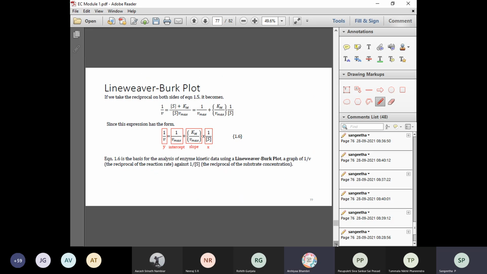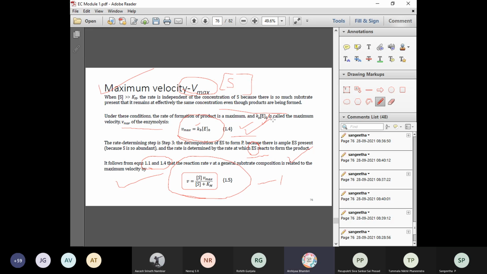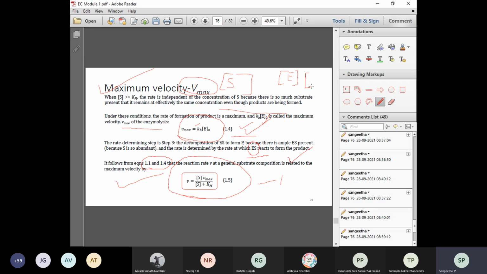Student: Ma'am, could you please tell again what E naught is and what S is? E naught is the total concentration of the enzyme. S is the individual concentration of the substrate. See students, this is the substrate, and this is the concentration of the individual enzyme.